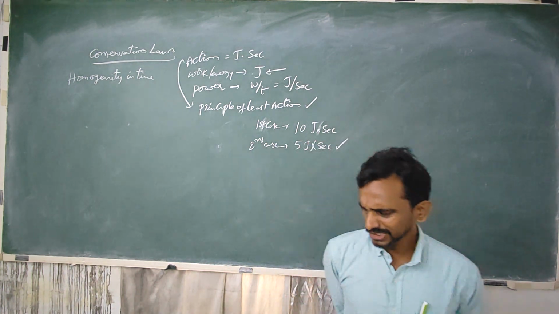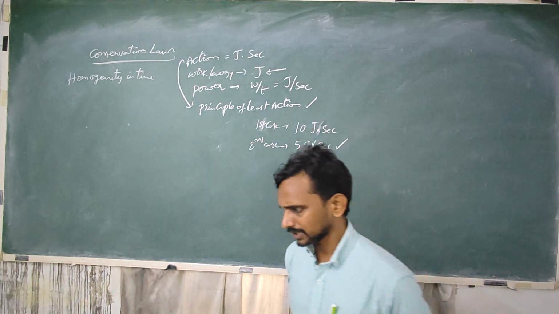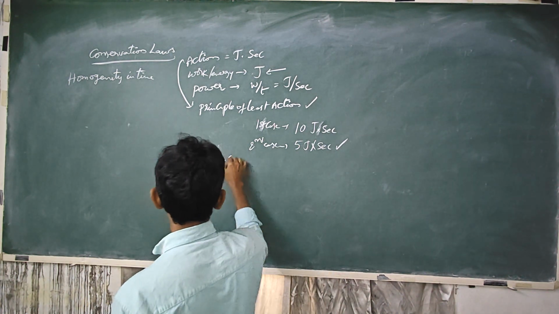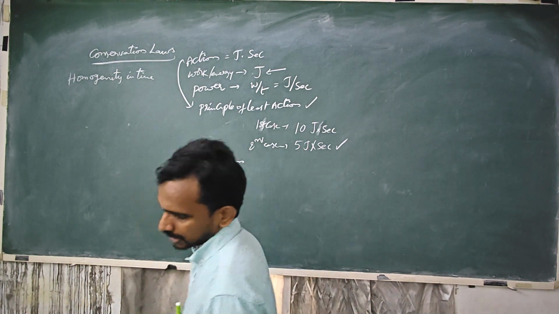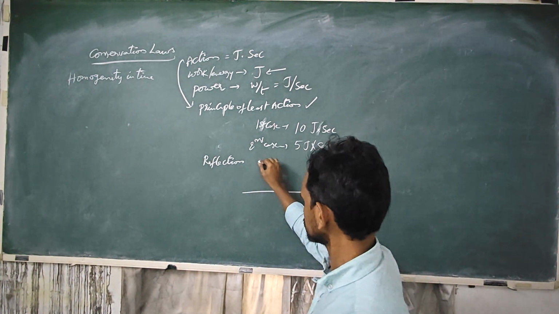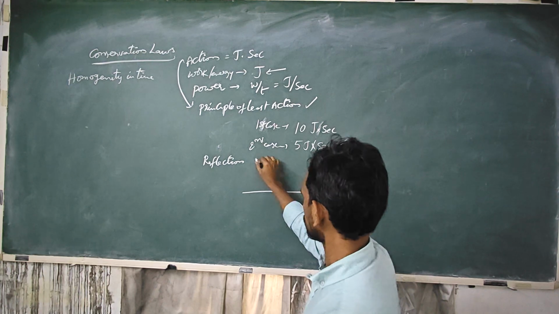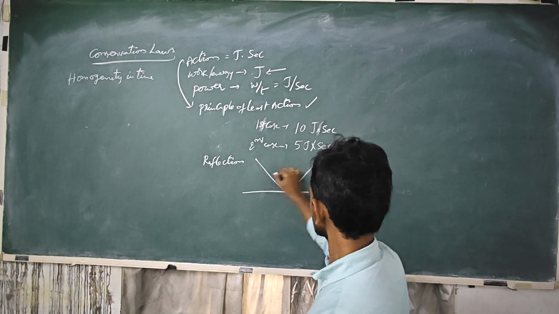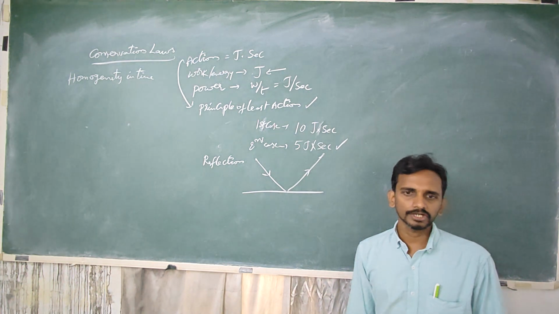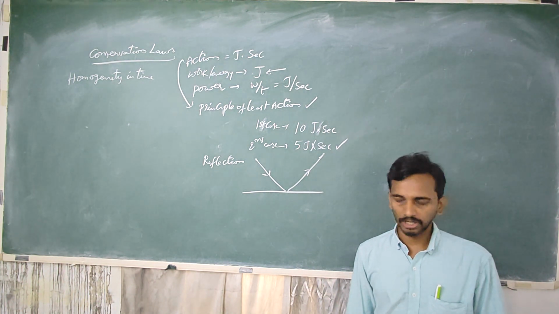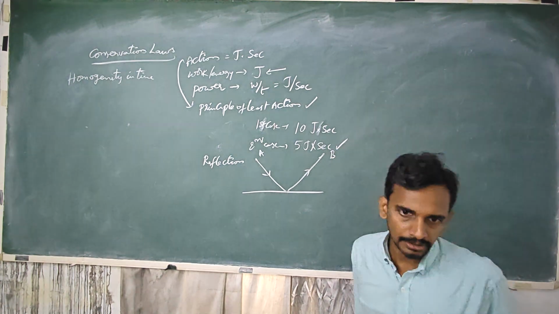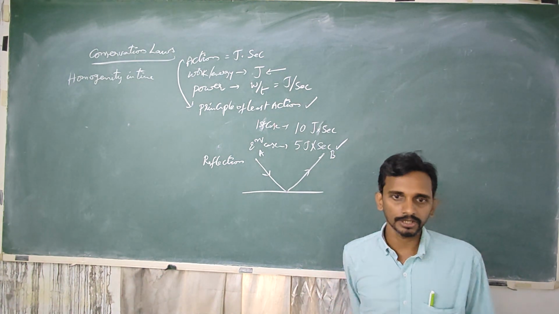We'll take simple examples like reflection of light. When light reflects on a surface and reaches another point, there are infinite possibilities of paths starting from A to reach B after reflection on the mirror.